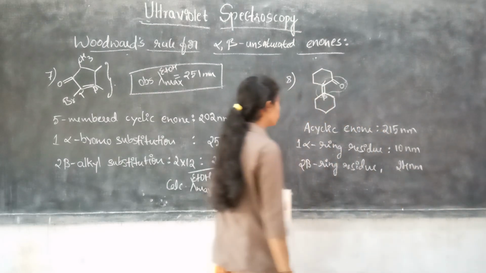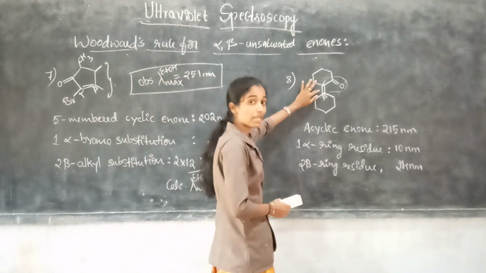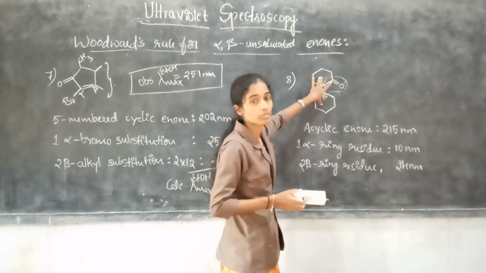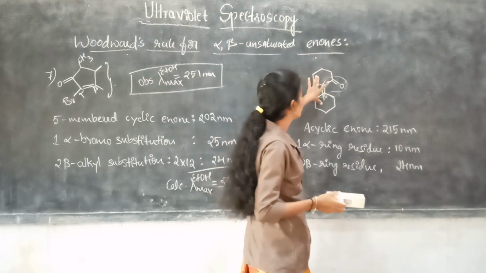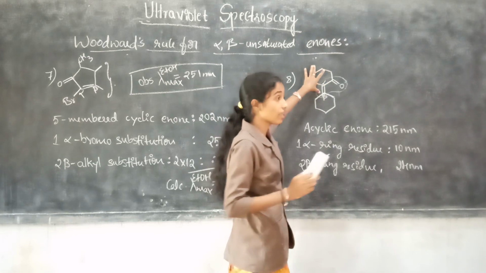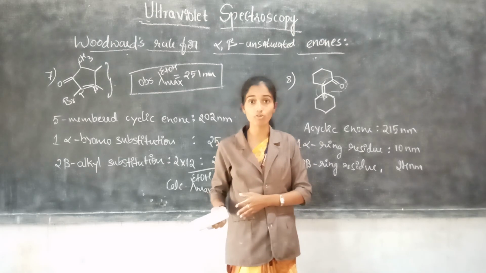And one more thing is the exocyclic double bond. Here we have one exocyclic double bond which is simultaneously exocyclic to 2 ring systems. For each ring system, if any exocyclic double bond is present, there will be an addition of 5 nanometer.